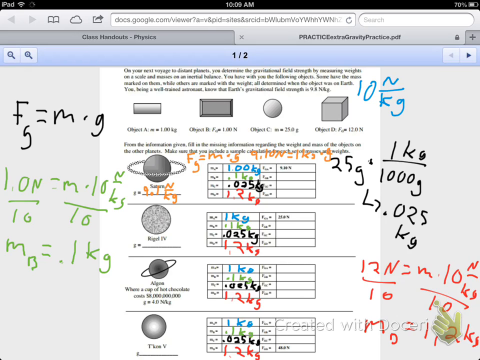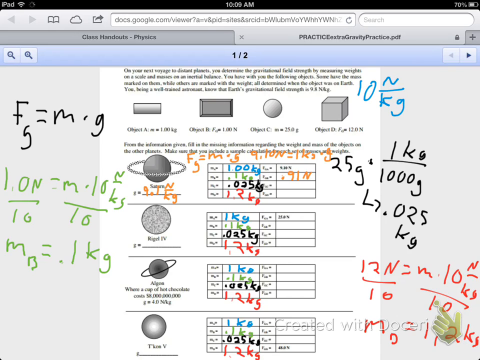So we have mass B, mass C, and mass D. If we multiply mass B by the gravitational field strength, we get 0.91 newtons.